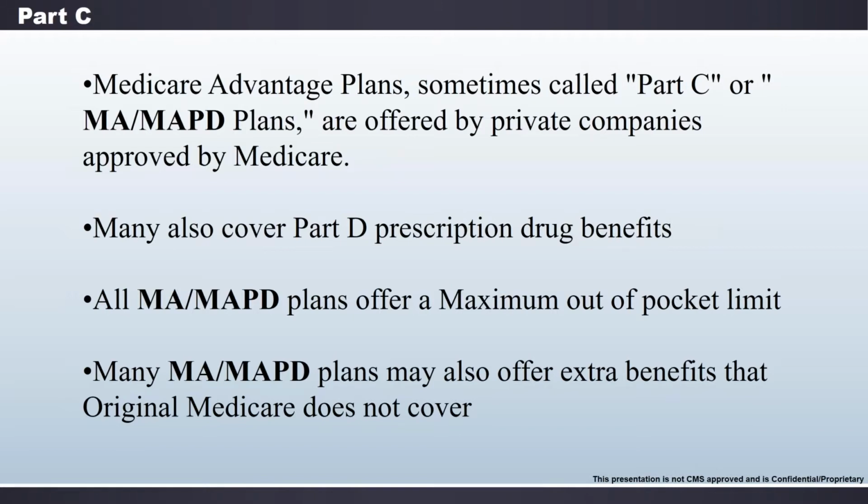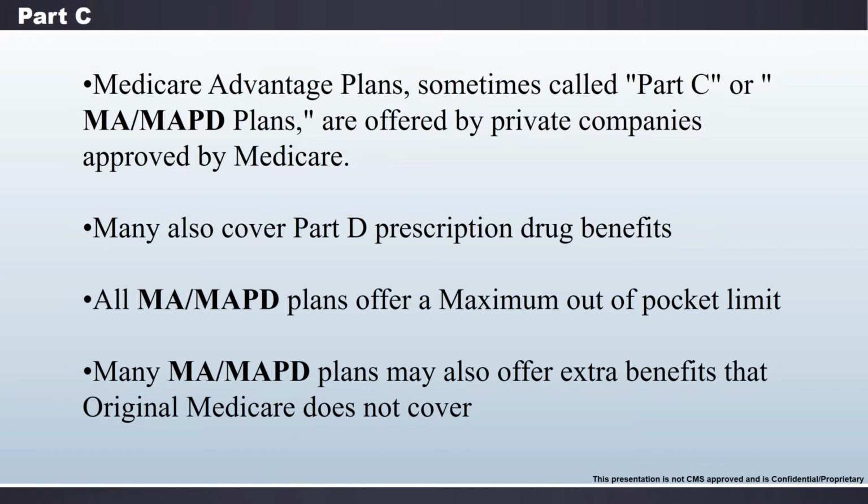Well, wait, that's not an HMO for a supplement. Right. That's why I was saying, we have to be careful with this alphabet soup that a lot of Medicare comes up with and people come up with, to know that a Medicare Advantage and Medicare Part C are one type of plan and a Medicare supplement is something different. We have to know the difference because believe me, our customers will mix them up.